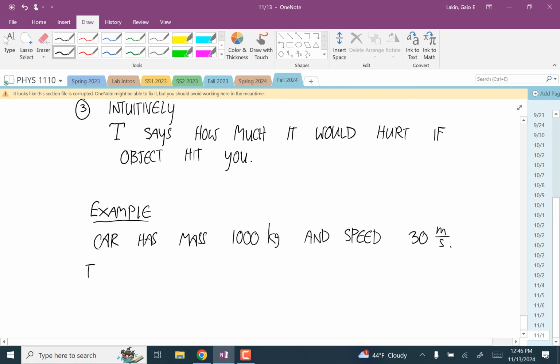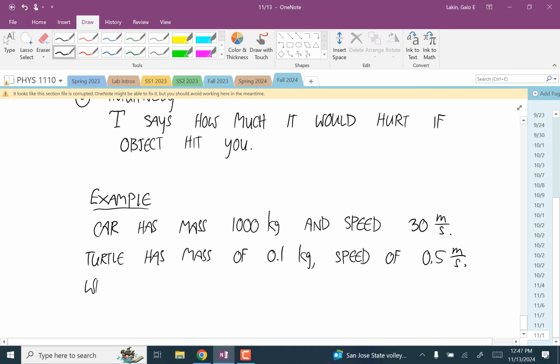And let's say that also a turtle has a mass of 0.1 kilograms and a speed of 0.5 meters per second. And we want to calculate which one we would rather get hit by. I mean, you're smart people, so you might be able to figure this out without doing the calculation, but we're just going to be extra careful.